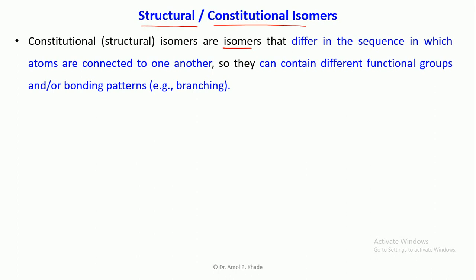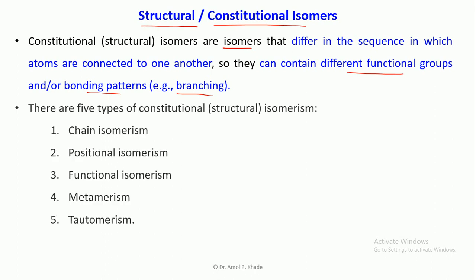There are compounds which have the same molecular formula but may have different functional groups, different types of branching, or different kinds of bonding pattern. Such compounds we refer to as structural or constitutional isomers, because the sequence in which the atoms are connected to one another is different.